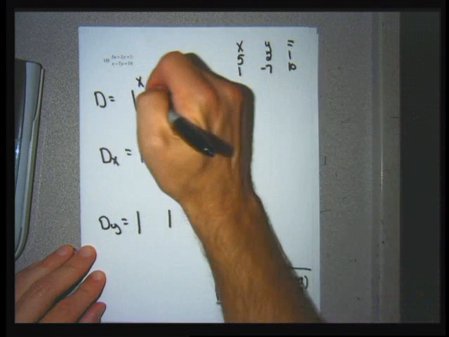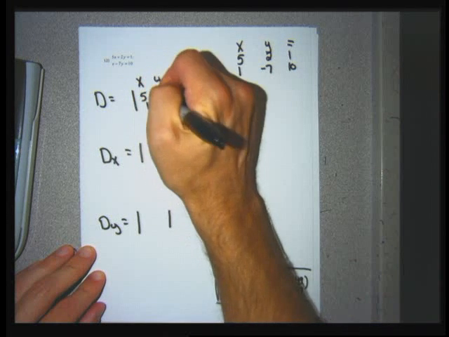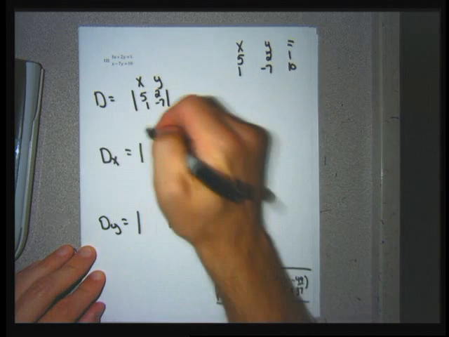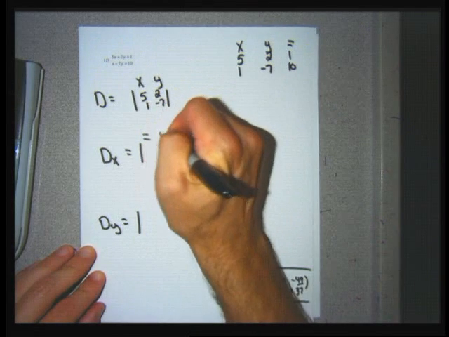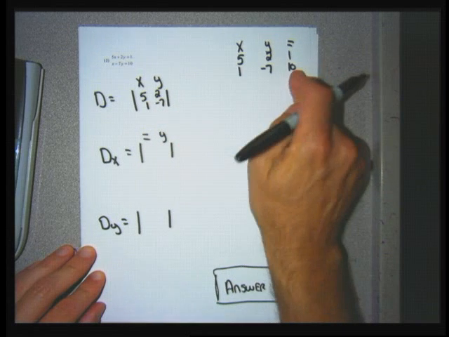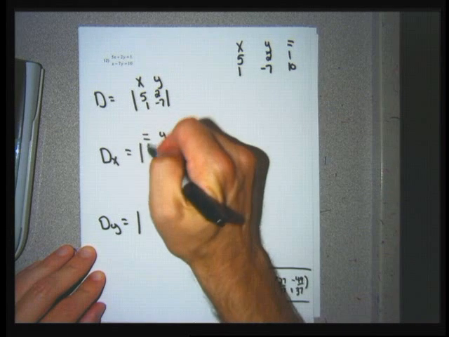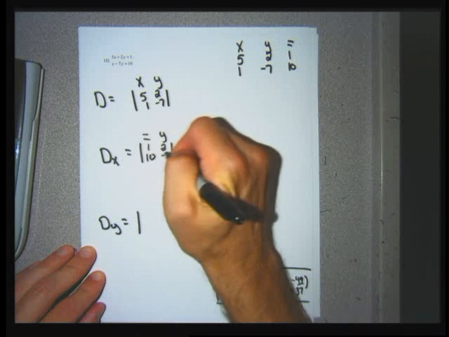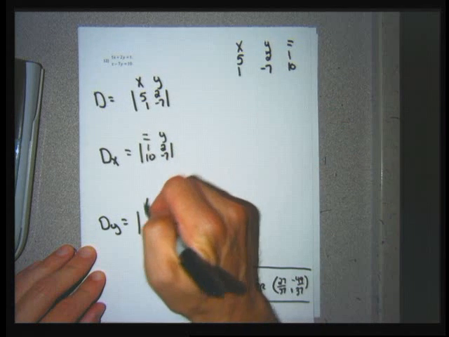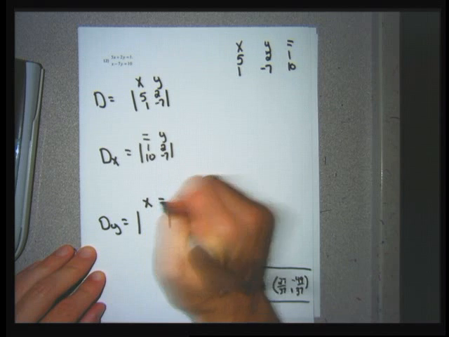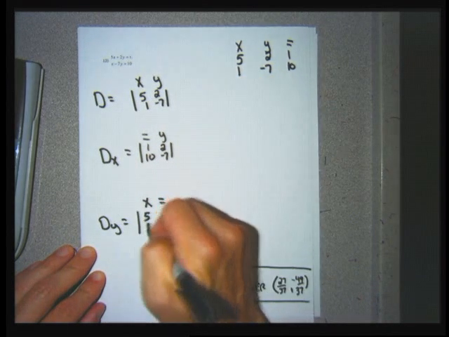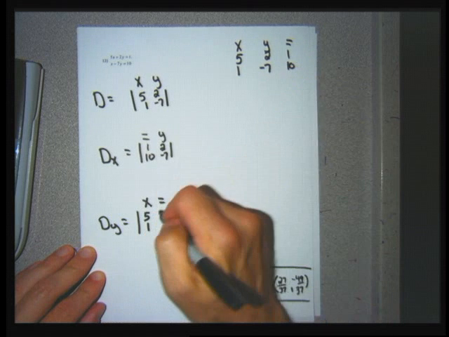So the d is going to have the numbers 5, 1, 2, and negative 7. The d sub x has the equal column of numbers and then the y column numbers. The equal column of numbers are 1 and 10. The y column of numbers are 2 and negative 7. The d sub y has the x column of numbers and the equals column. The x column is 5 and 1. The equals column is 1 and 10.